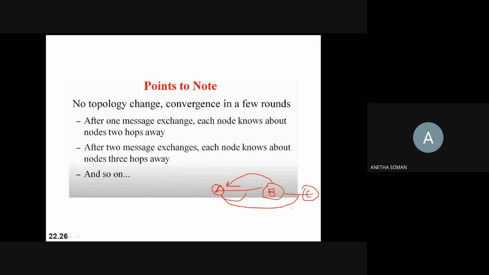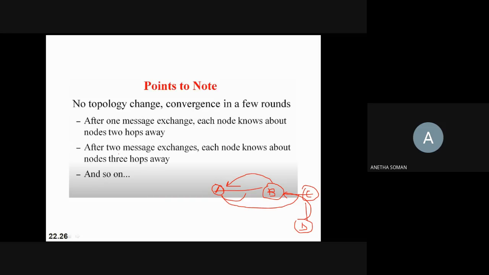Now, suppose C is connected to D again. So in the first exchange, C's information will get to D. Now in the second exchange, D's information will get to C. But when you are considering A, how many hops away is it? It is 1, 2, and 3. The meaning is, each node knows about the nodes 3 hops away when you are doing 2 message exchanges.